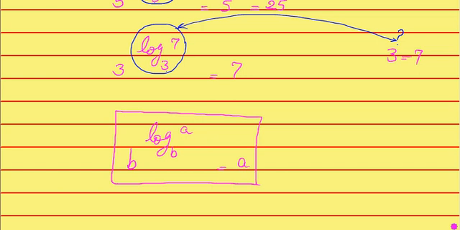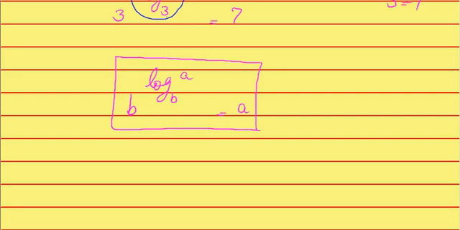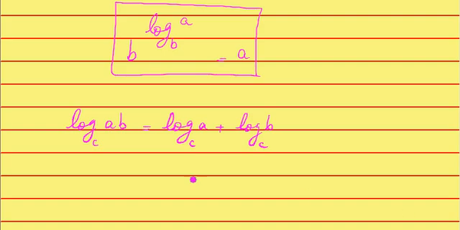Okay, let's go ahead and recap the rules that we have learned so far. These are the main rules. We have logarithm of a product in any base is equal to the sum of the logarithms of the individual pieces of the product in that same base.